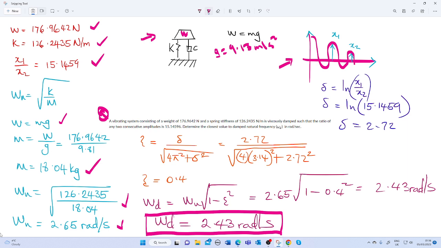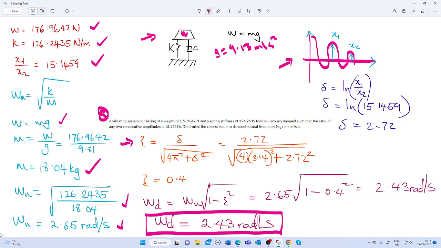Now, to find the damping ratio, which is zeta, we use this particular formula: zeta equals the logarithmic decrement, delta, over the square root of 4 pi squared plus delta squared.